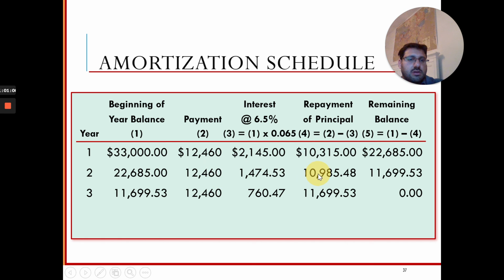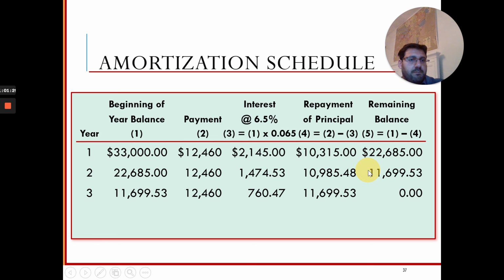So you'll get 10,985. So the two components making up this 12,460 are 1,474.53, which is the interest component of the annuity payment, and 10,985, which is the principal repayment. Now subtract this 10,985.48 from 22,685.